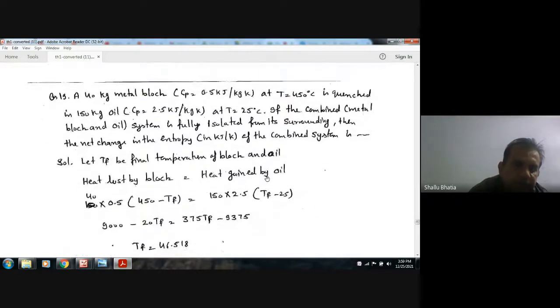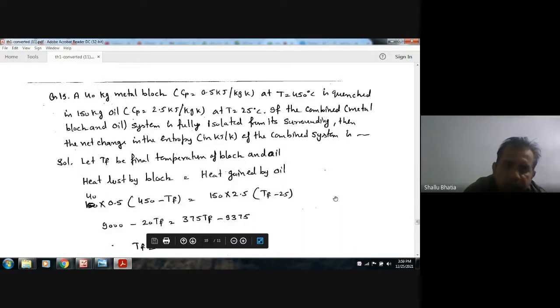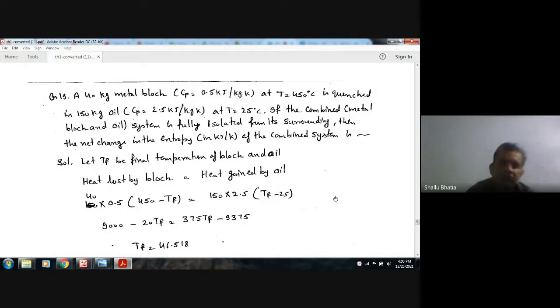Next, a 40 kilogram metal block with Cp 0.5 kilojoule per kilogram per degree Kelvin at 450 degrees Celsius is dumped in 150 kilogram oil, Cp equal to 2.5 kilojoule per kilogram per degree Kelvin and T equal to 25 degrees Celsius.